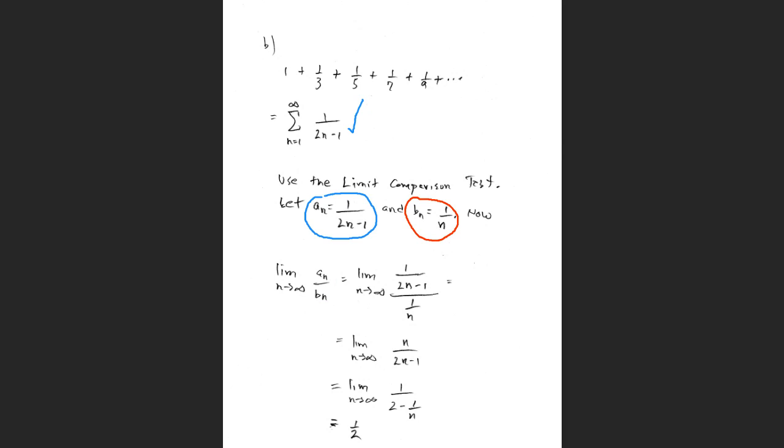Jonathan, I could have used 1 over 2n, but I know something about this series. What kind of series is the series n equals 1 to infinity of 1 over n? What kind of series is that called?